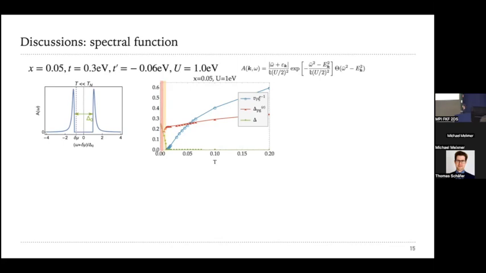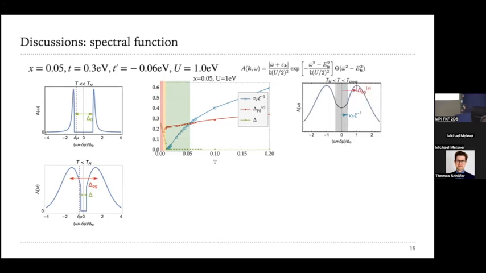And as temperature further increases, you will see two gap scales emerge, and this explains the pseudogap scale and also the gap of the SDW state. And as temperature further increases, the SDW gap vanishes above the Néel temperature, and we will only see the pseudogap scale.